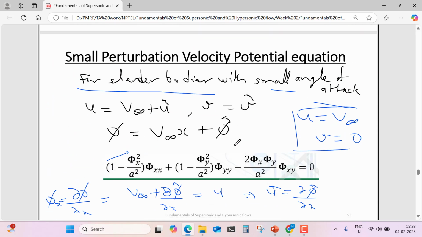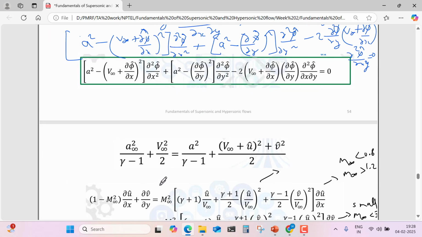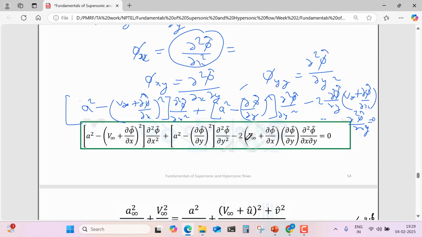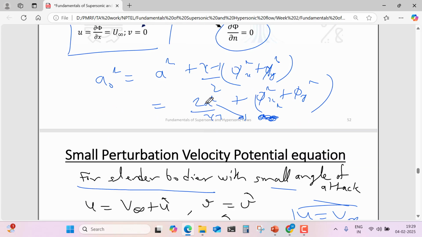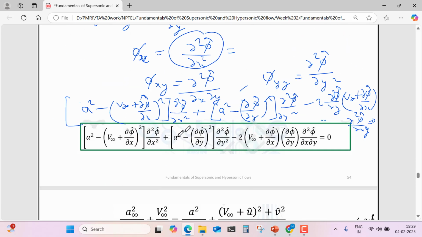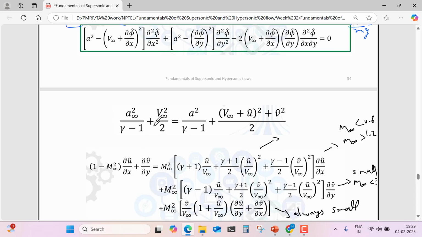So first at the free stream we substitute it, then it will become a infinity square upon gamma minus 1 plus u infinity square upon 2, and at some point it will become a square upon gamma minus 1 plus u infinity plus u cap whole square plus v cap square upon 2.